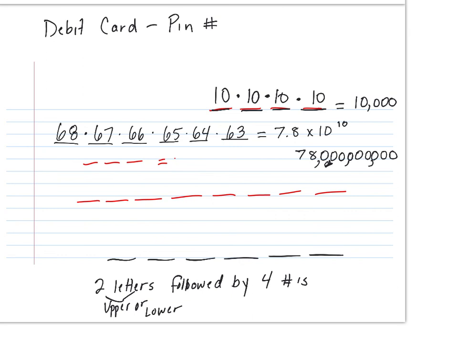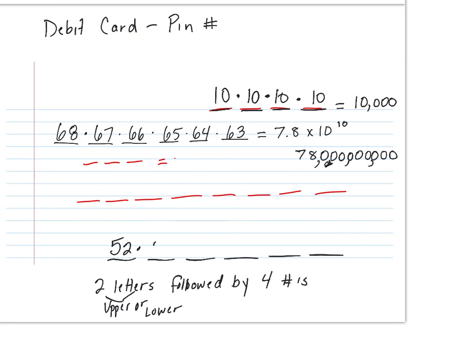So how many choices do you have for the first letter? How many choices do you have for the first letter, Seth? 52. Let's say it can't be repeated. So how many would we have for the second letter?